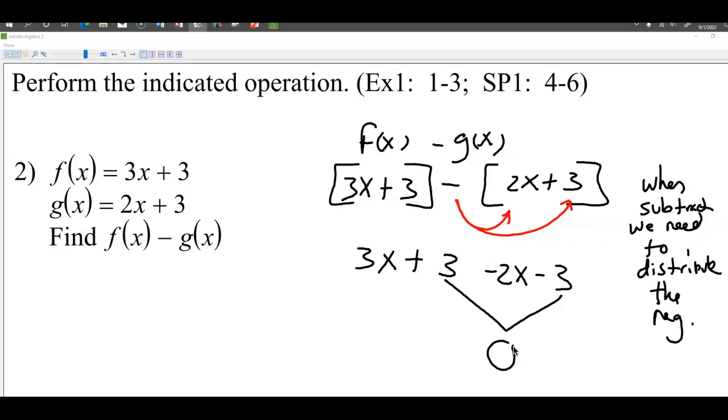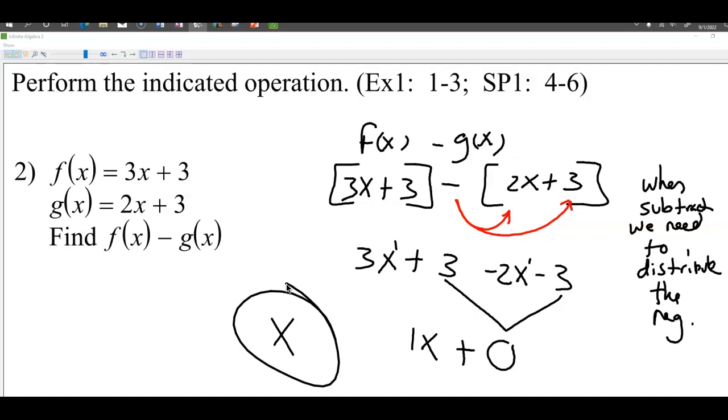Yep. They both have the same variable with the same exponent, so those are like terms, and therefore we can combine them. So when we combine them, we just combine their coefficients. 3 take away 2 is 1x. And do we really need the 0? No. Do we need the 1? No. So we really can just say the answer is x. Okay?